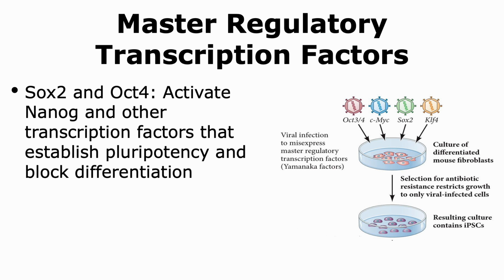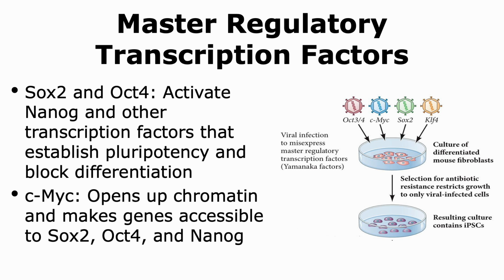Now, the 4 transcription factors that were listed in the previous slide are master regulator transcription factors. SOX2 and OCT4 can activate another transcription factor called NANOG that establishes pluripotency and blocks differentiation.